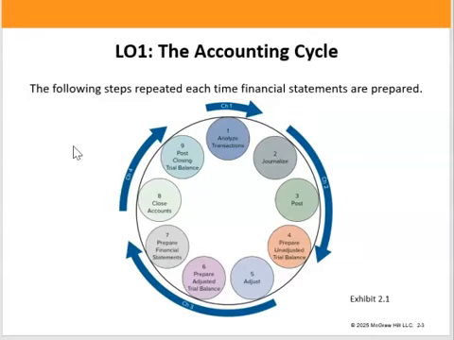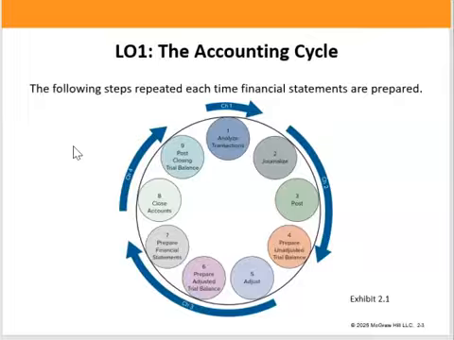If you discover at this point you need to make some adjustments, that's where you journalize the adjustments. Then we prepare another trial balance just to make sure that everything looks good. And again, with a trial balance, you can make sure as well that everything balances so that when you end up creating your balance sheet, as you know, all of your assets will equal your liabilities and your equity.